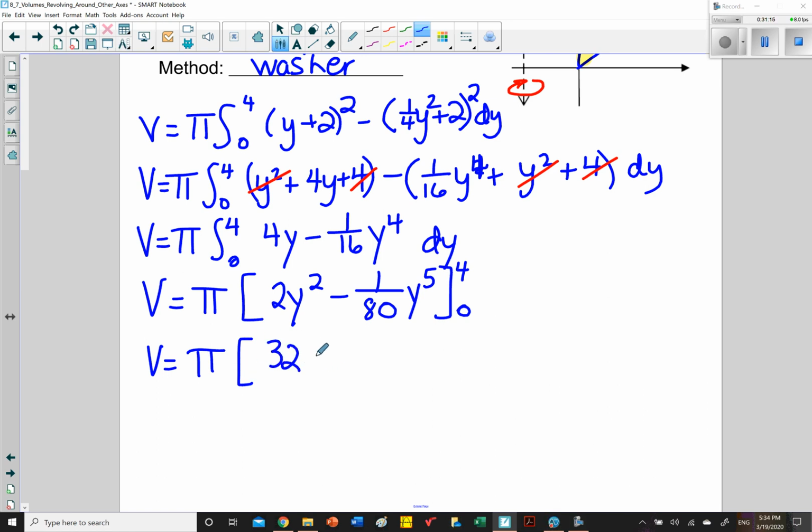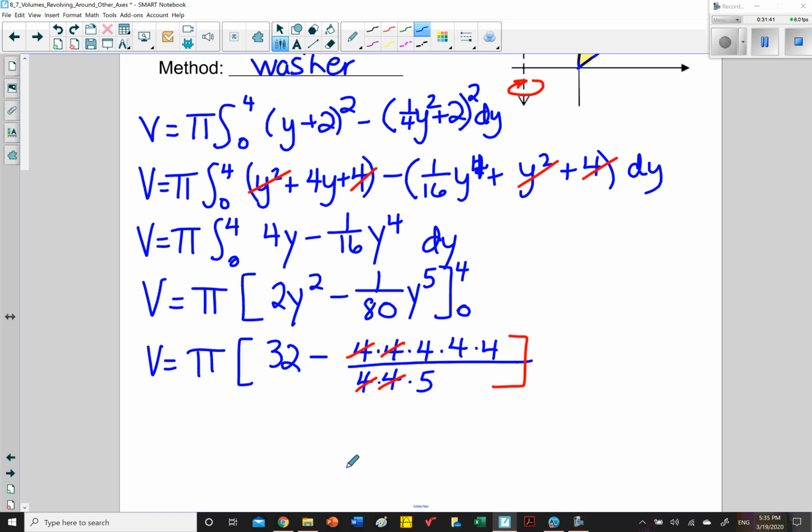And let's do a little magic here without a calculator. I got 5 y's, 5 4's, and 80 is 16 times 5. So without a calculator handy, we can eliminate this and get a common denominator.